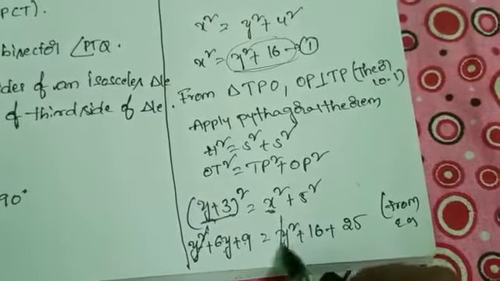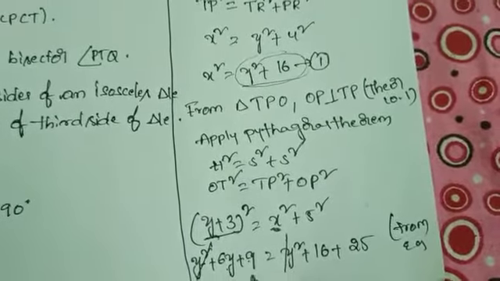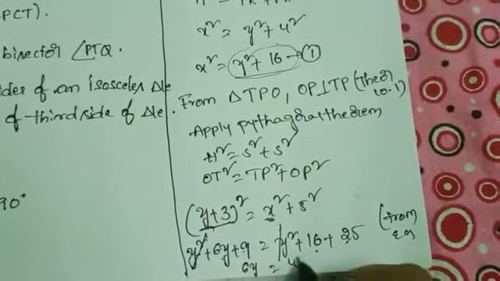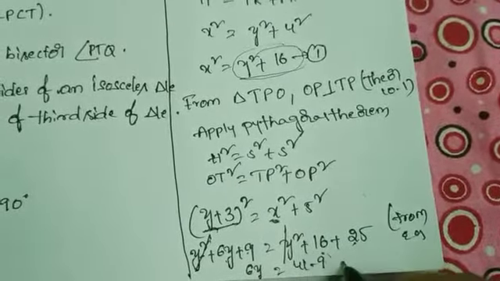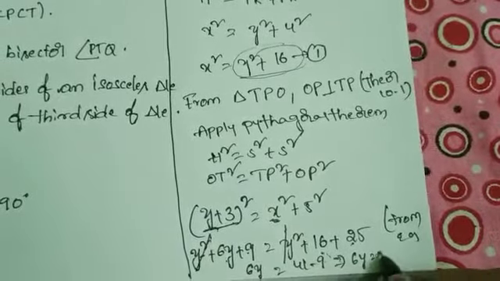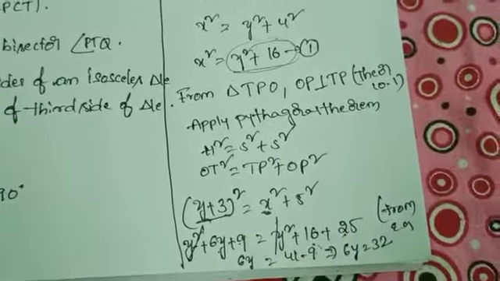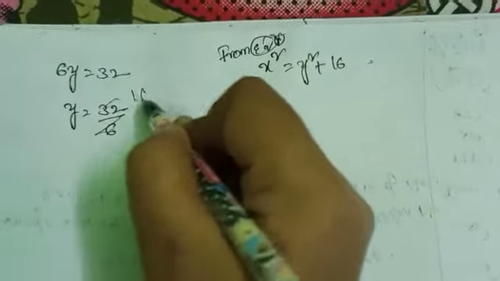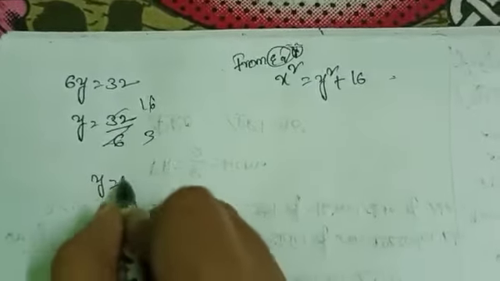Y square gets cancelled. 6y equal to 16 plus 25, 41, minus 9, which is equal to 32. 6y equal to 32, Y equal to 32 by 6, which is 16 by 3.